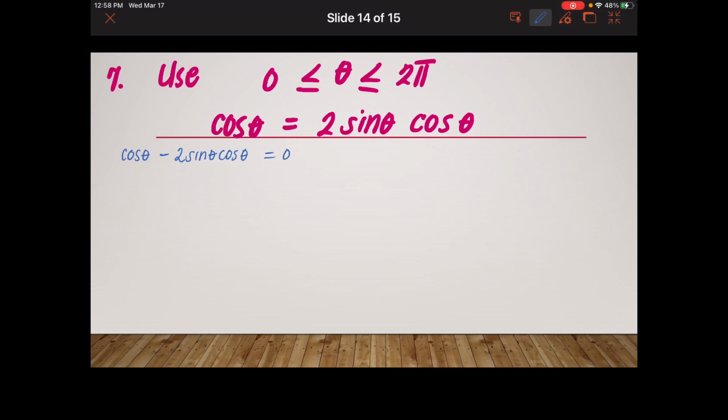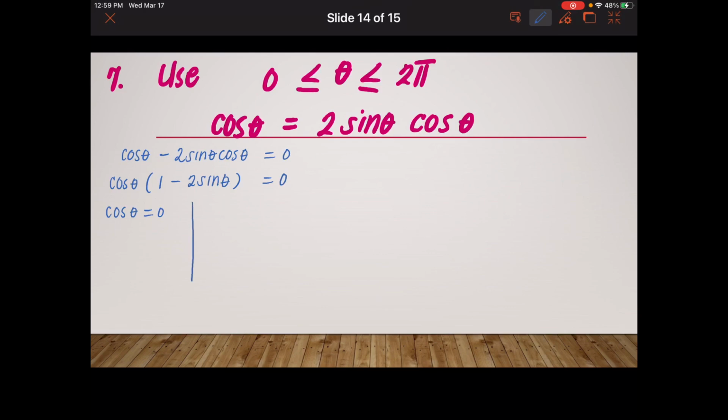And then you will see the common factor, which is cosine theta. So you factor out cosine theta. So that would be 1 minus 2 sine theta is equal to 0. Since it is factored already, we may equate each factor to 0. So cosine theta is equal to 0.